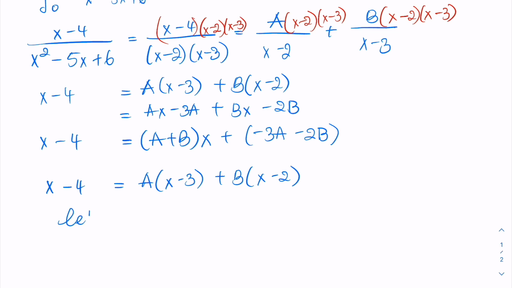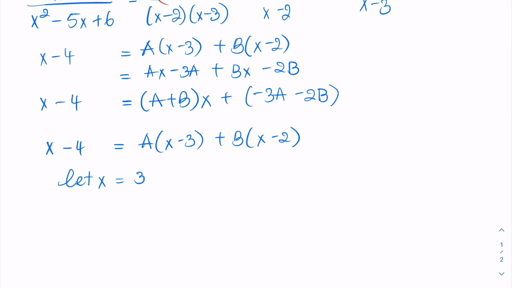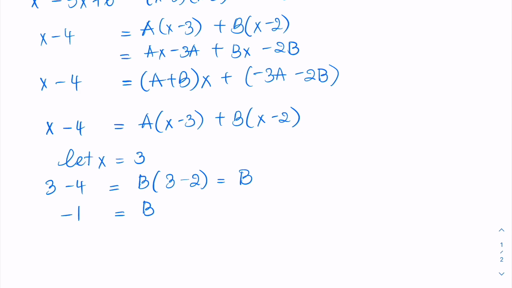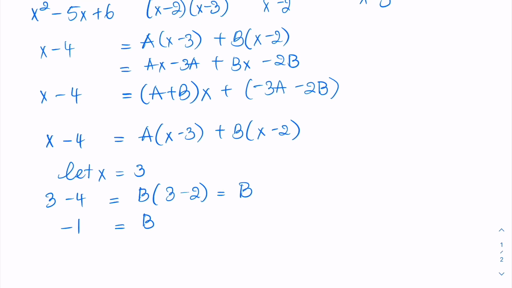So if I let x be 3, I'm going to get 3 minus 4. The first term cancels out, and I have B times 3 minus 2. So that's going to be B, and this is going to be negative 1. So B is negative 1. We can do the exact same thing for A. So I let x be 2.